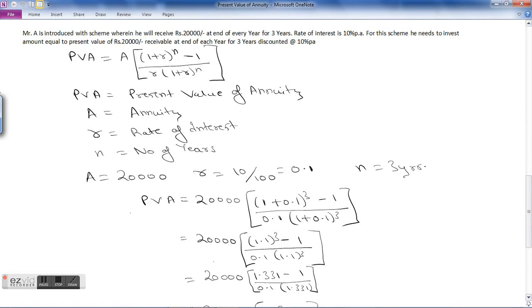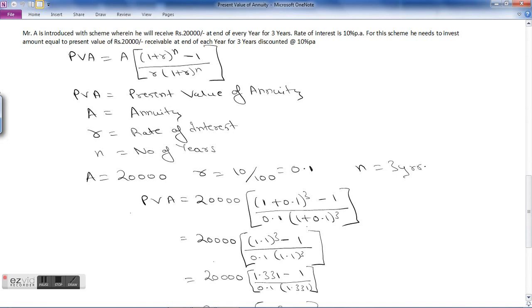So present value of annuity is equal to 20,000 × [(1 + 0.1)^3 − 1] / [0.1 × (1 + 0.1)^3].